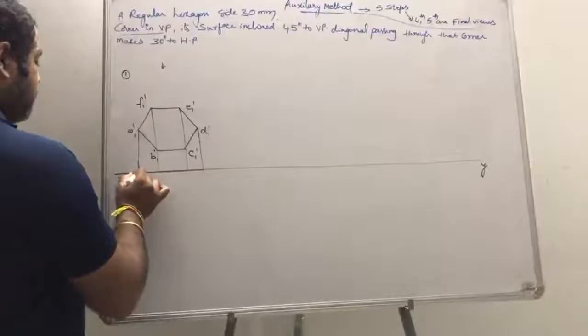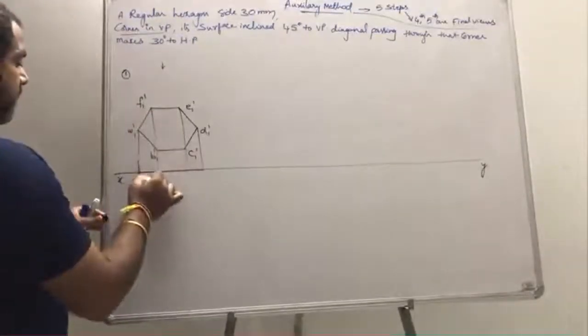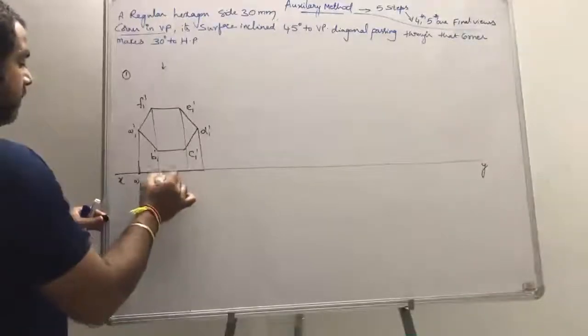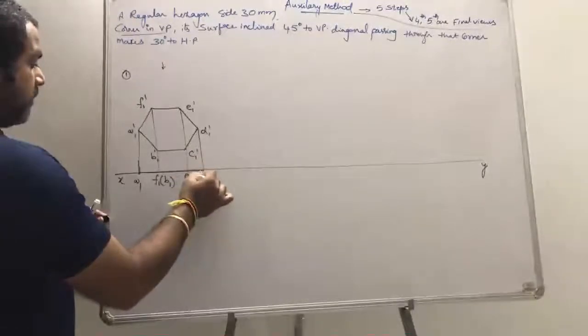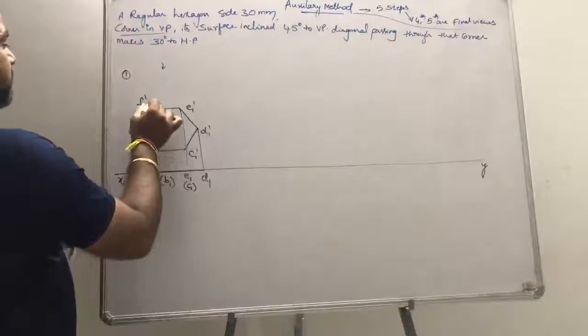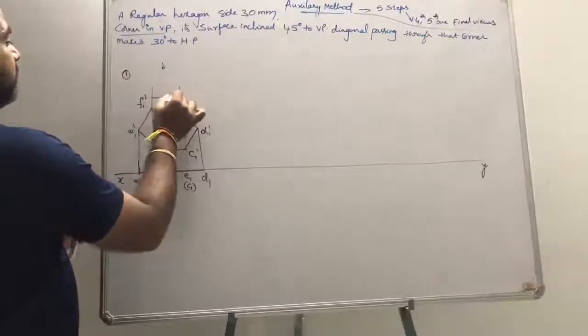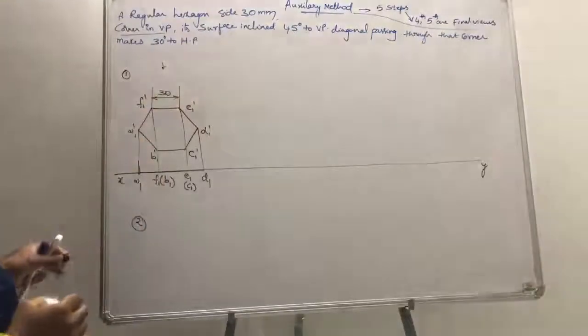So this becomes A1, F1 and B1, E1 and C1, D1. So this is the second step. The given side is 30, so first of all you have to measure it as 30.